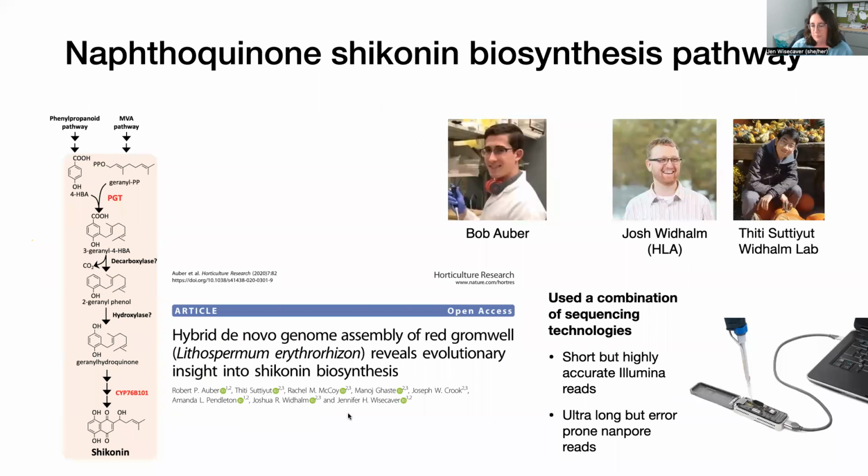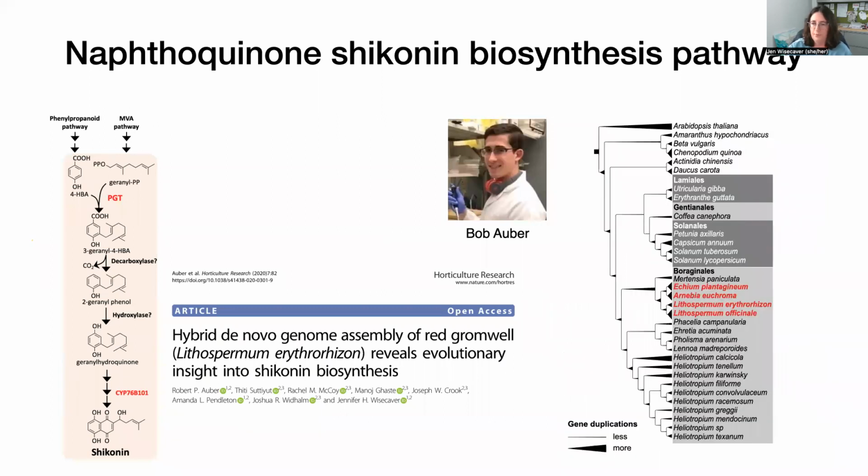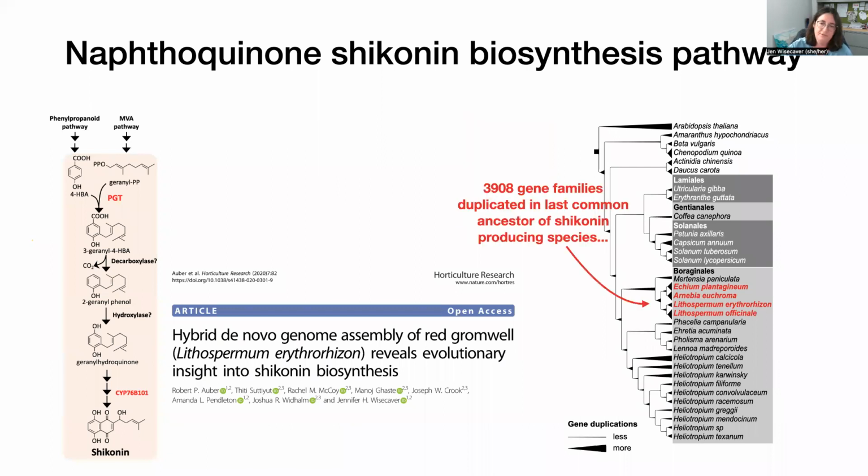And with that genome in hand, we performed a comparative phylogenomic analysis looking at these 4 species, including our new genome, that was able to produce Shikonin. The other Boraginales shown here do not produce this compound. And so looking at what sort of genes would have duplicated in this last common ancestor of Shikonin producing species, we identified almost 4,000 gene families.